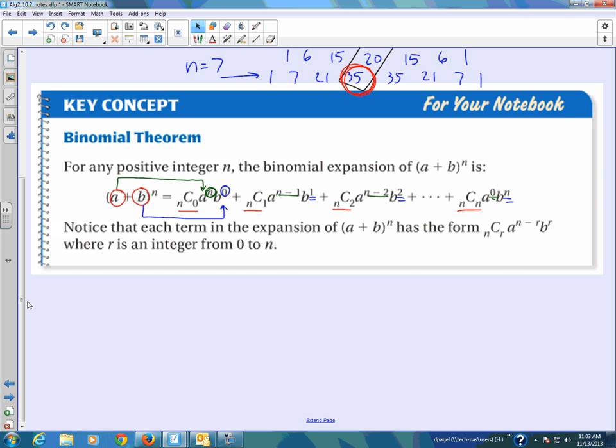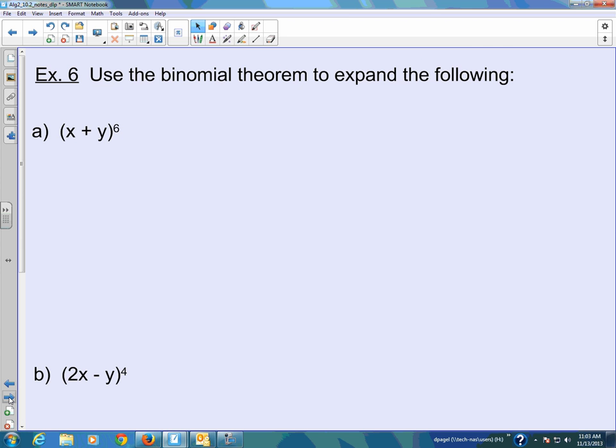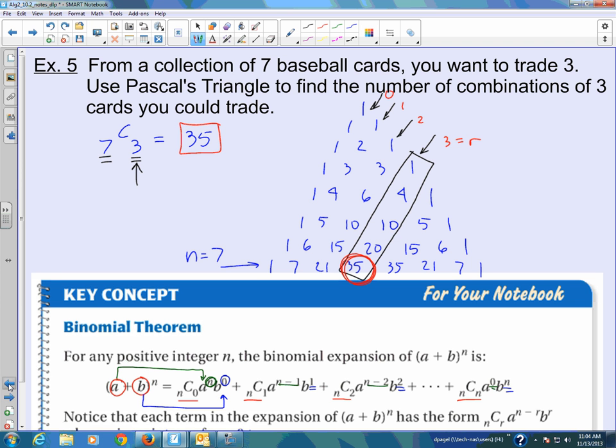So let's try a little bit of this now with some basic binomial expansion first, and then we'll get into one where I've got a 2 coefficient with our x. Because the power is a 6, I'm talking about row 6. The first thing we'll do is go back and peek at our Pascal triangle row.